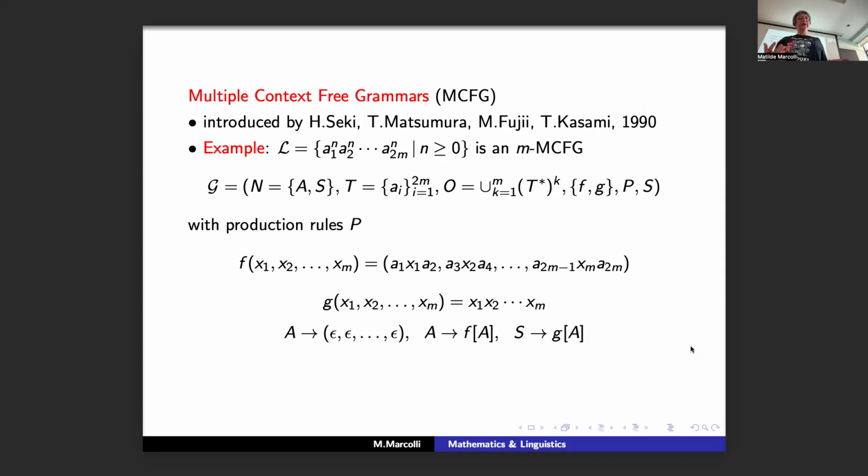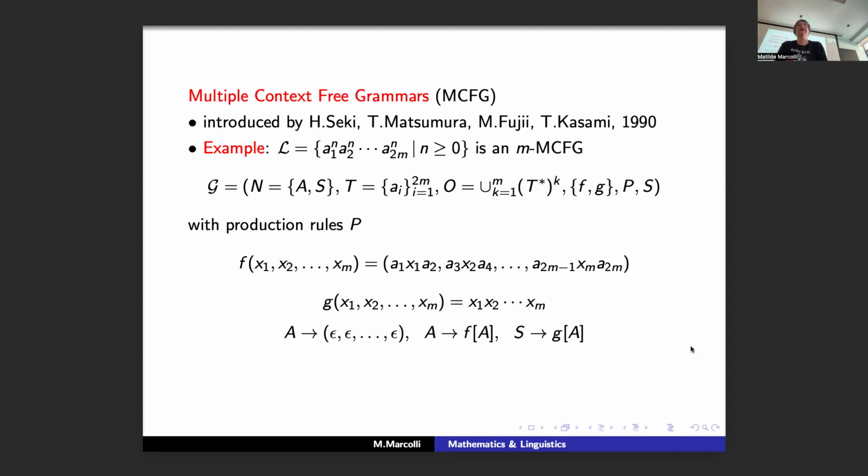These were originally designed as a way to capture more of these cross-serial dependencies that are not context-free, they're context-sensitive, but basically it is an attempt to go just beyond the context-free without becoming too large. The idea is that you stack a bunch of context-free grammars into a vector where all the production rules act on all of them simultaneously, and then you put them back in a way that creates these cross-serial dependencies, without having to enlarge the class too much.